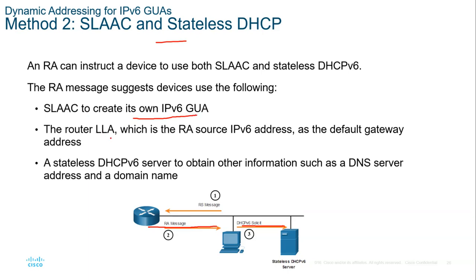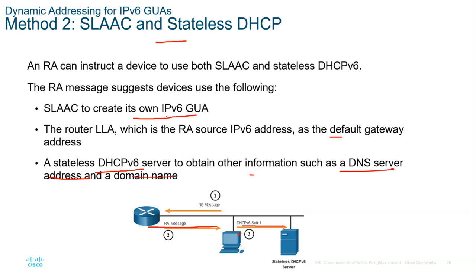The router link-local address, which is the router advertisement source, sets the IPv6 address as the gateway. Then a stateless DHCP server is used to obtain other information such as DNS server address and domain name. So for this other information, the client has to contact the stateless DHCP server.